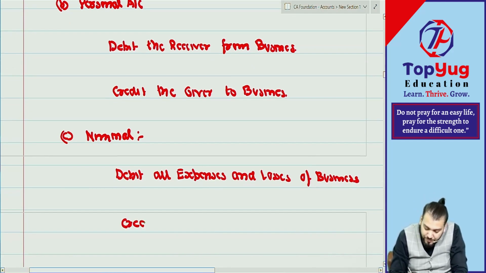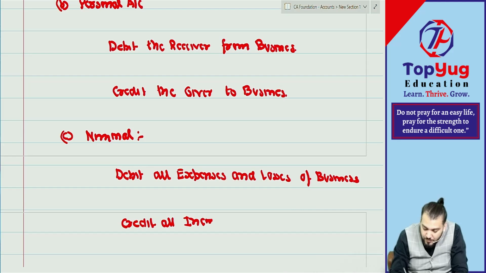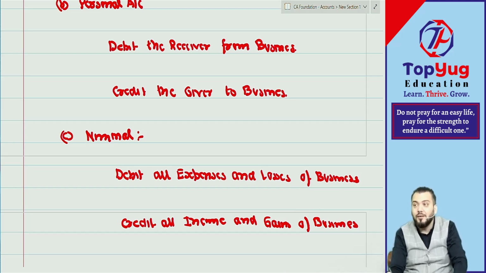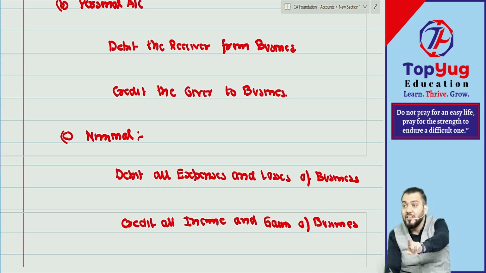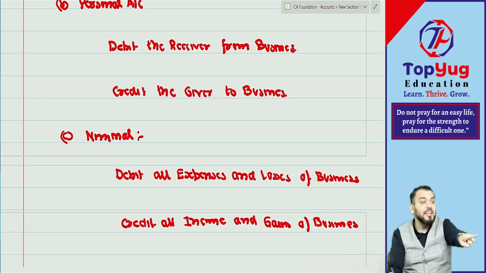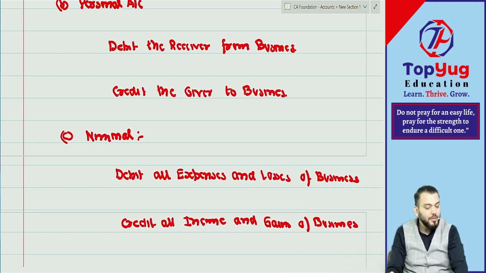Credit all income and gains of business. You need to identify what is income. If you identify it as income, it will always be credited. If you identify it as an expense, it will always be debited. This is the rule. The rule is fixed, it cannot be changed.